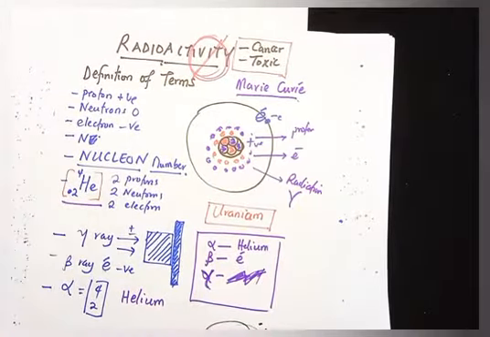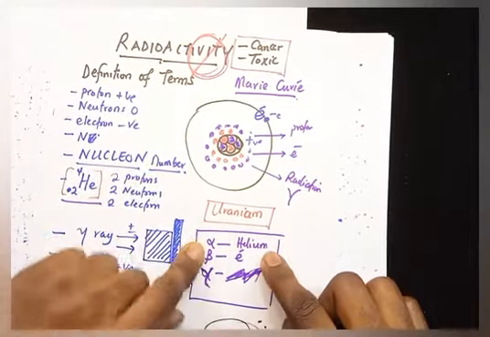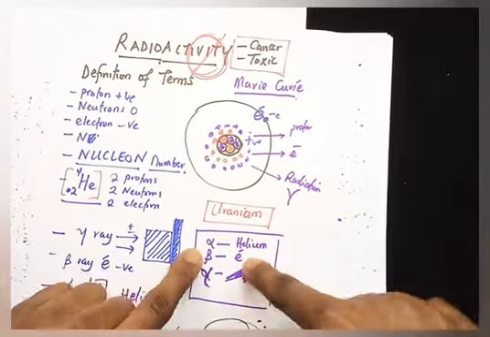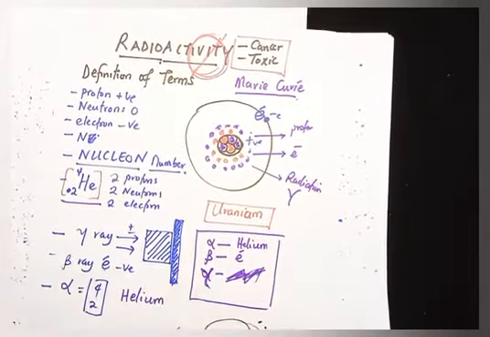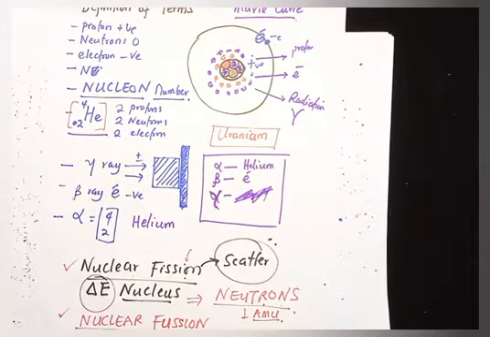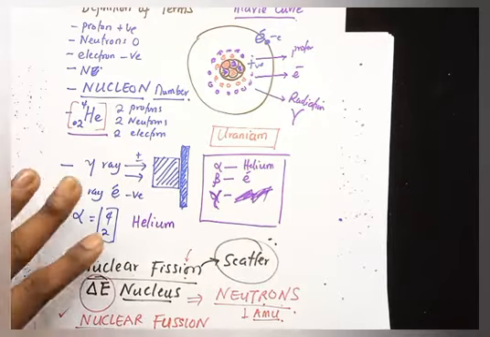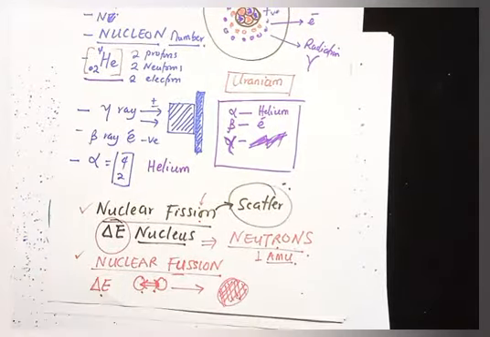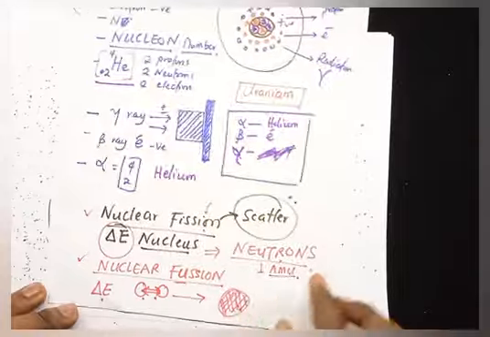We looked at radioactive particles. We said alpha rays are equivalent to helium atoms, beta rays are equivalent to electrons, and gamma rays are essentially bolts of energy. We looked at nuclear fission as the energy required to break or scatter the nucleus of an atom. We looked at nuclear fusion, the energy required to merge two smaller nuclei to make a bigger nucleus.